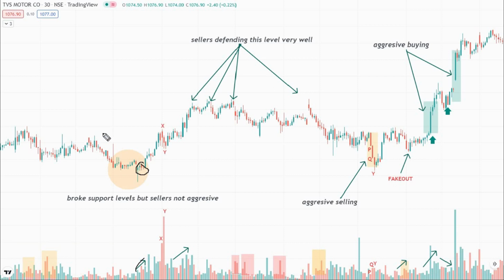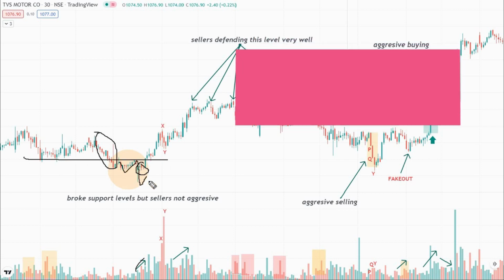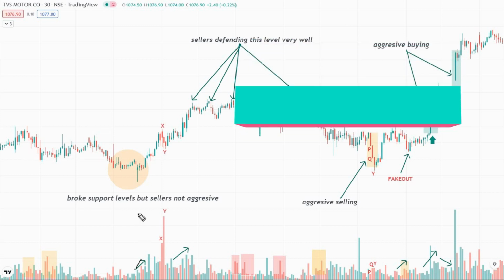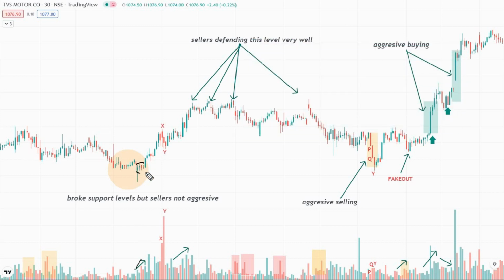See, if this selling pressure was very strong, then after breaking this last swing low, prices should have continued the downward momentum. But what is happening here, volumes have increased but prices are not going towards the downside and they are holding just below the last swing low.